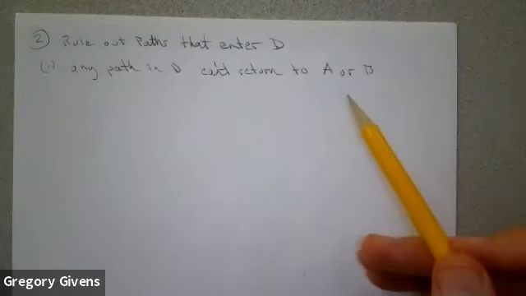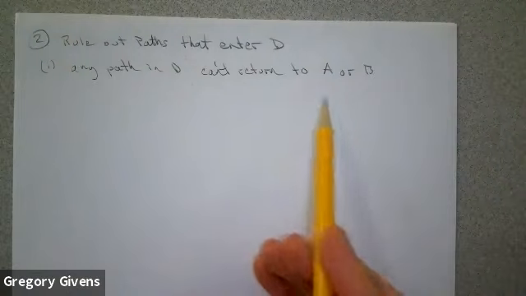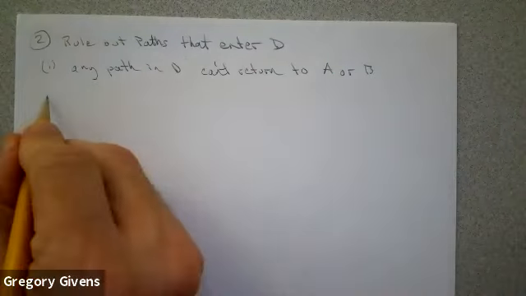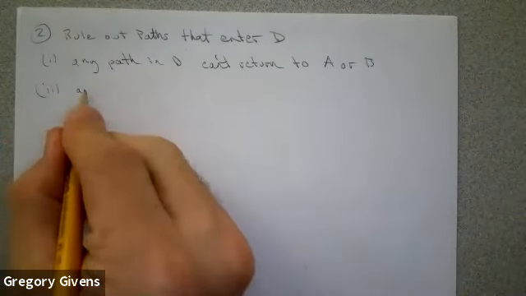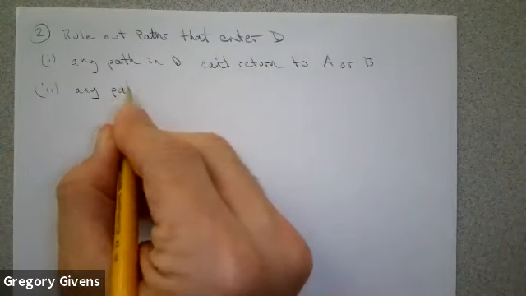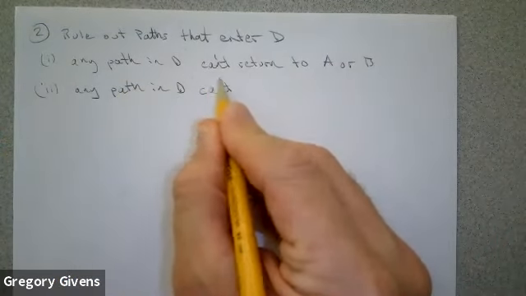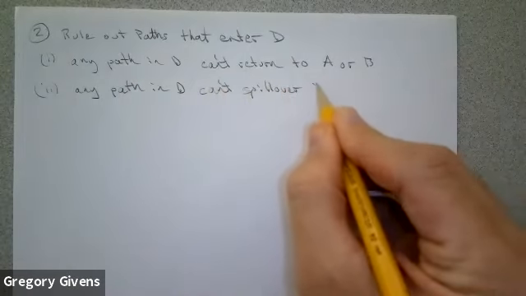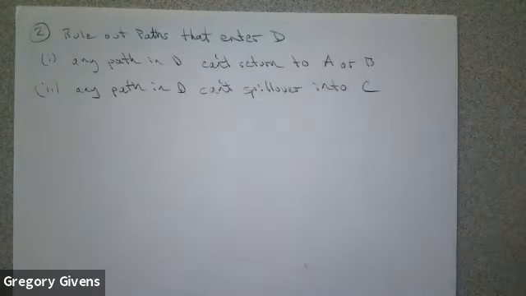So the first thing is to state that any path entering region D can't possibly return to regions A or B. But the next thing I need to show here is that any path in D can't spill over into region C. That is not so clear, right?